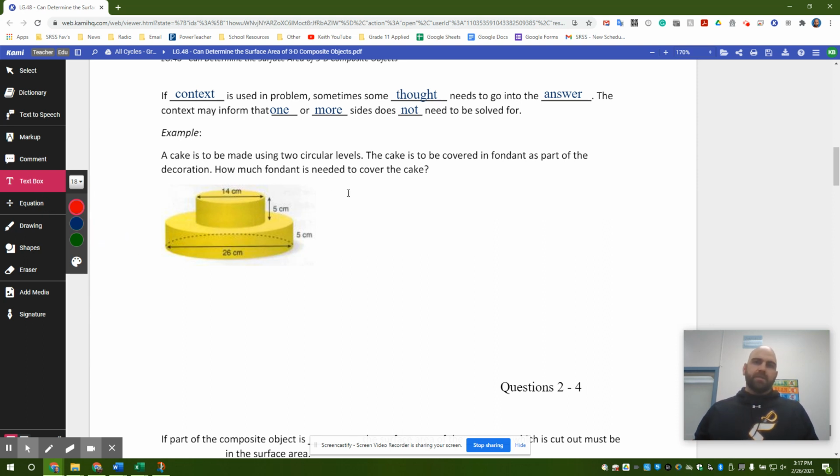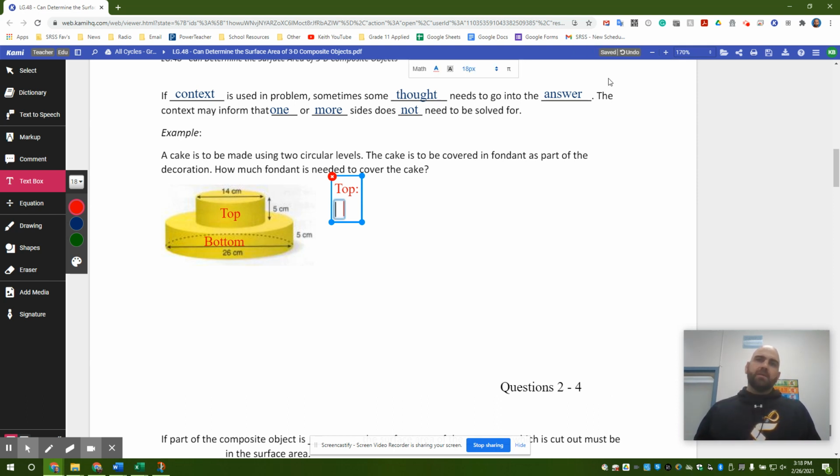So how we're going to solve for this here, I'm going to say this is the top, and I'm going to call this one the bottom. That's how I'm going to label these two pieces. On the top, we have a circle, and then we have the lateral area, or that rectangle that goes around.